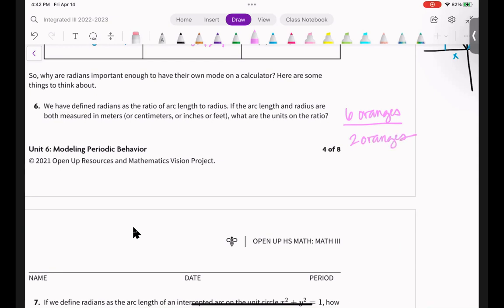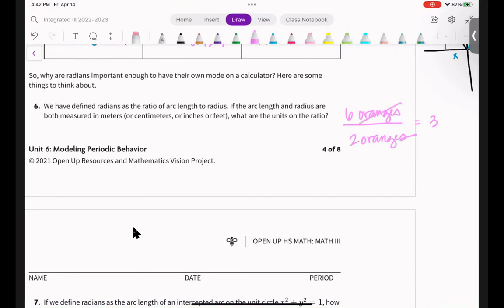I would have 3 groups, right? So interestingly enough, there are no units on this ratio because they're the same.